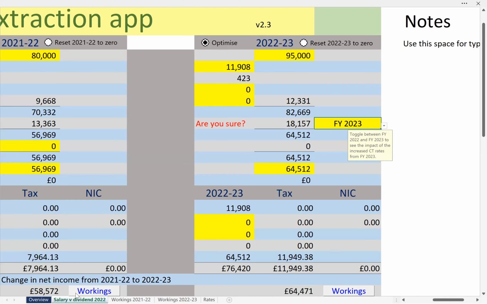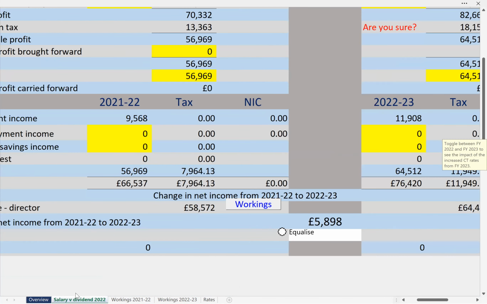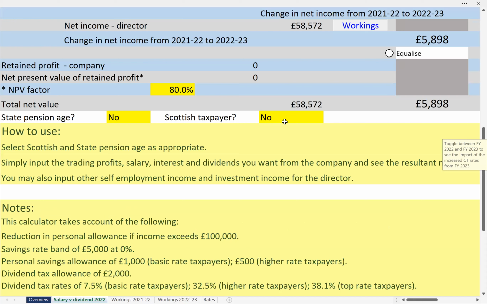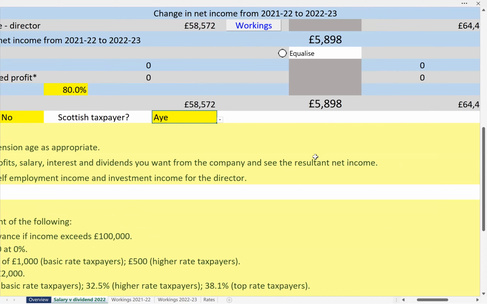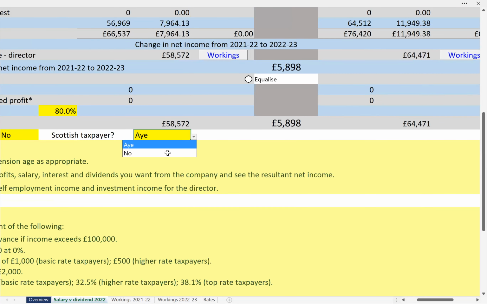We can also use the profit extraction app for individuals who are Scottish. So if it's a Scottish taxpayer, I would expect the net income figures to reduce because of the higher tax rates in Scotland. In fact, that's quite interesting. The net figures haven't reduced there, but I know why that is.